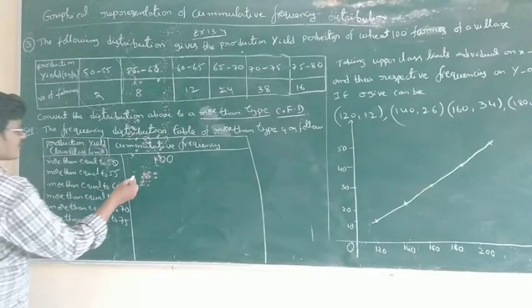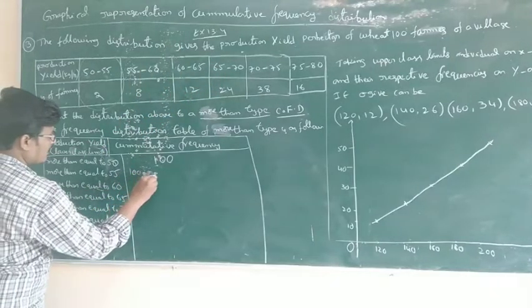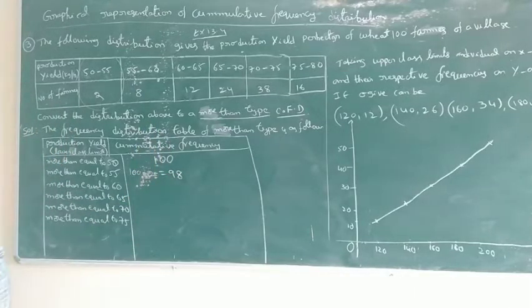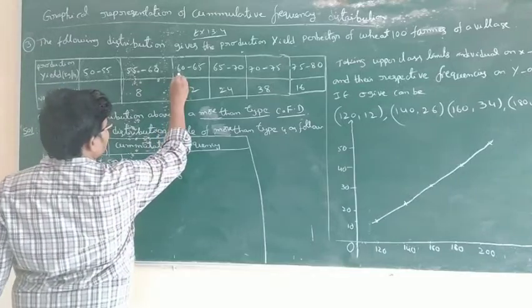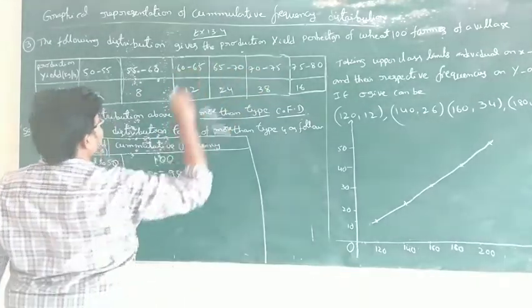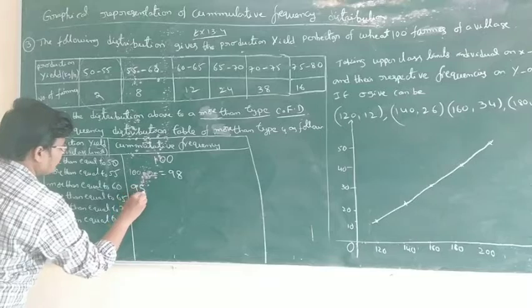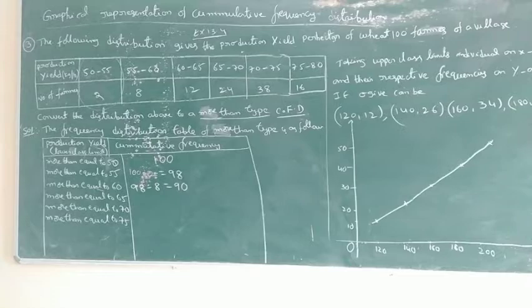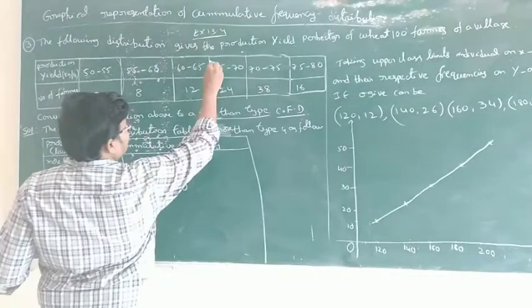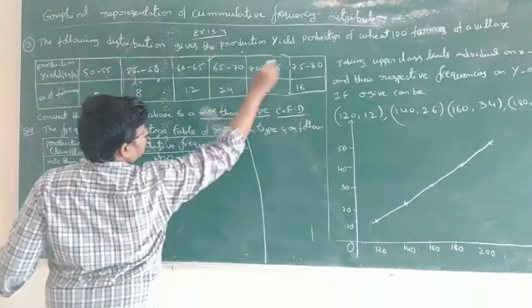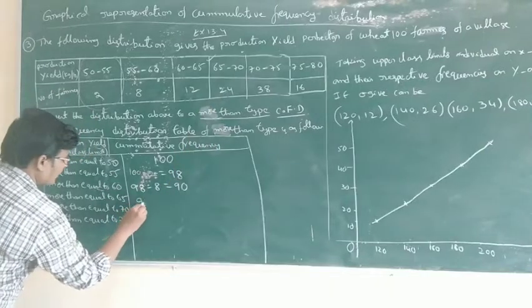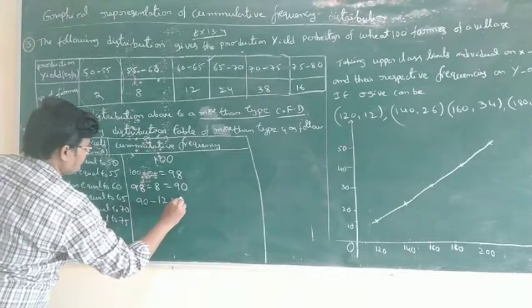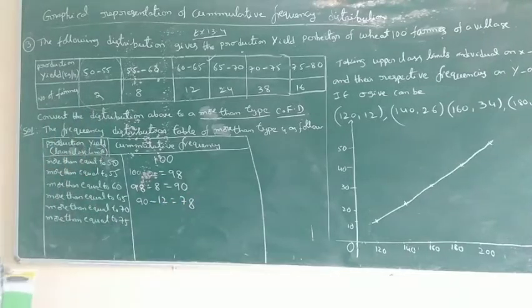So 100 minus 2 is 98. More than 60 means starting from 60, so 98 minus 8 is 90. More than 65 means 65 to 80, so 90 minus 12 is 78.